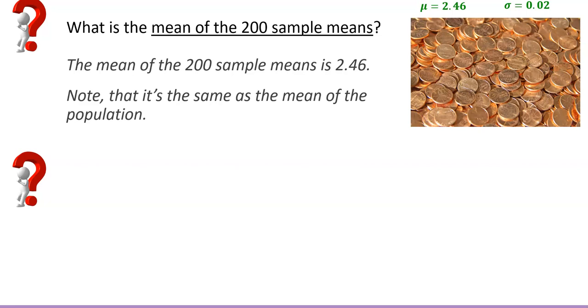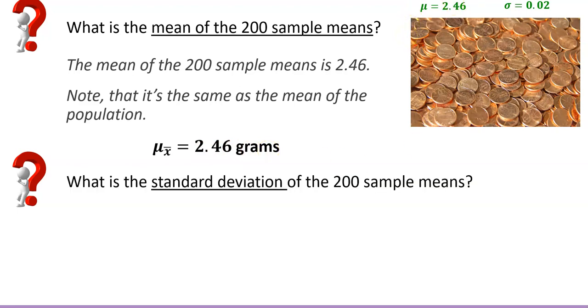Well, if we take those 200 numbers, add them up and divide by 200, we're going to find that it's 2.46 grams. And note, it happens to be exactly the same as the population mean. This is how we denote it: mu with the subscript X bar, and it's 2.46 grams, which is the same as the population mean.